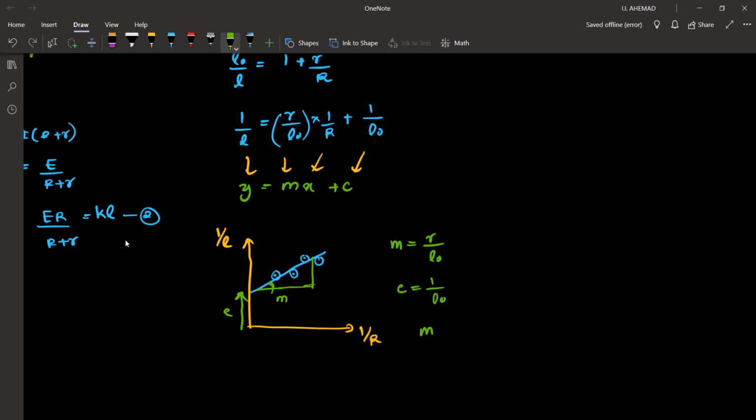So M is equal to RC. So R is equal to M over C. So using this graph, we can find the internal resistance.